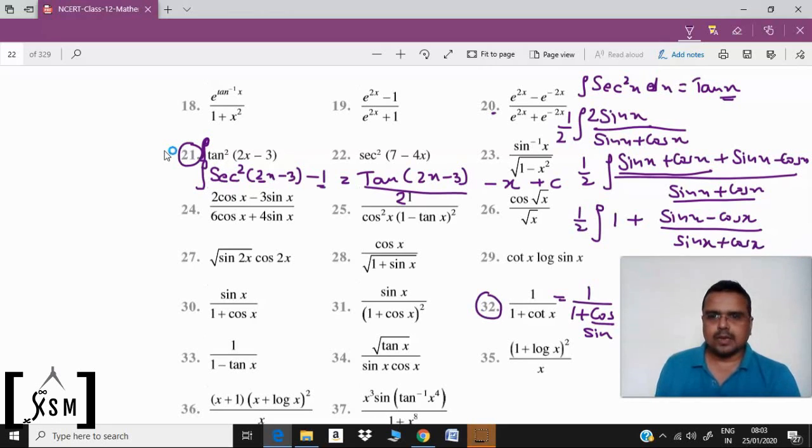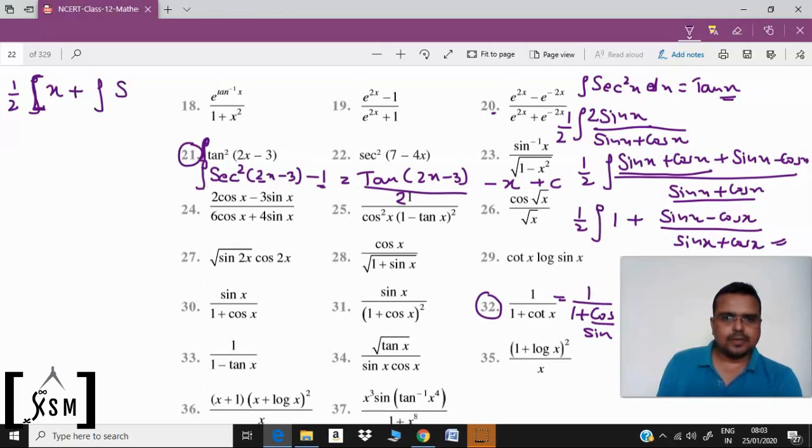I'm solving it here. Half of the integration of 1 is x, right? Plus the integration of sin x minus cos x over sin x plus cos x. Okay, now how to integrate this part?